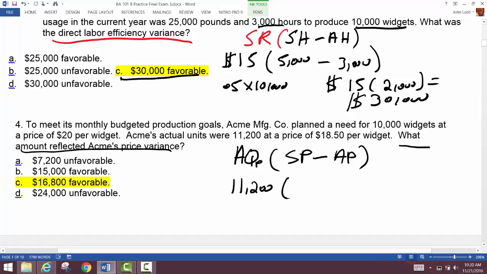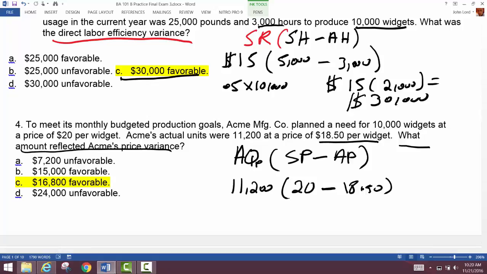And then the standard price here is what? It's $20. And the actual price, I don't have to do any calculations here. Sometimes they give me the total they spent, but here they tell me how much the actual was per widget. There are some problems where they just give you the actual price per widget, and to use the formula the way I've described, you just grab that number, right?